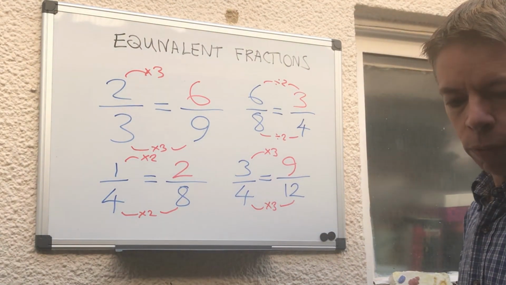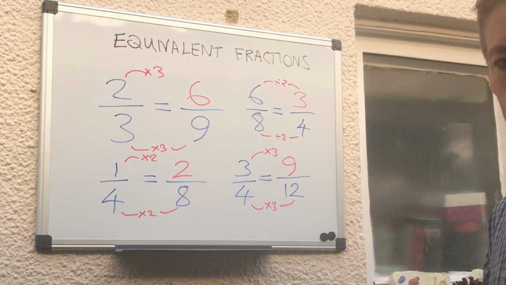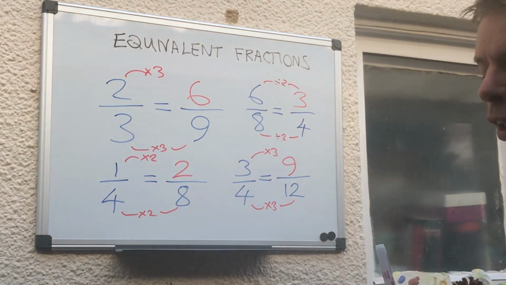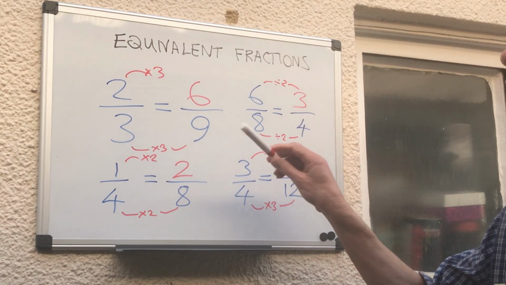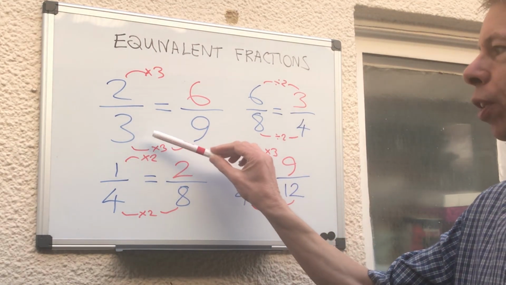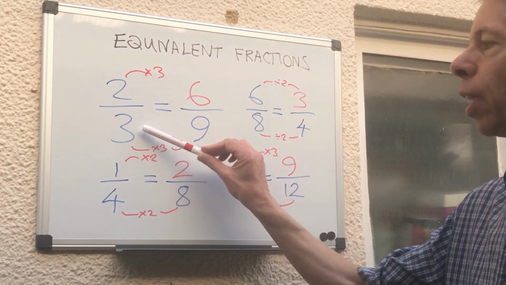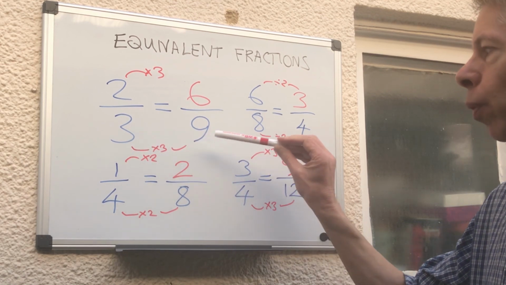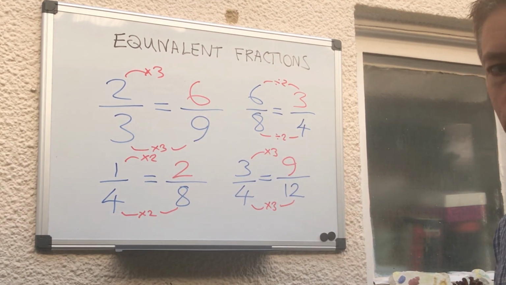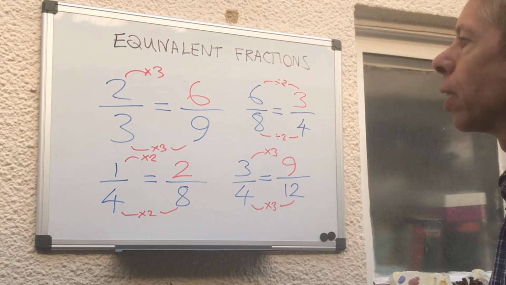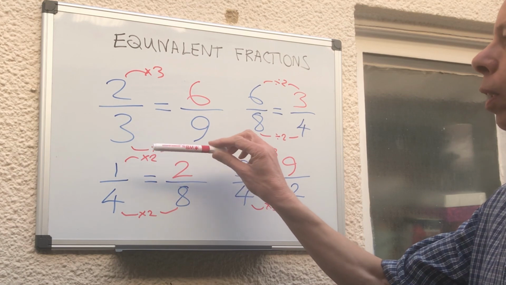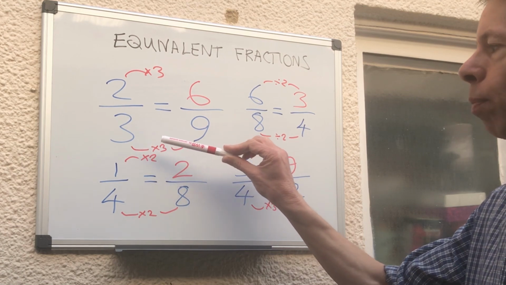So before I sign off from this video, just a little summary. If you want to change the denominator of a fraction to a different denominator, and still have the same amount of pizza or whatever it is, you're only allowed to either multiply or divide.